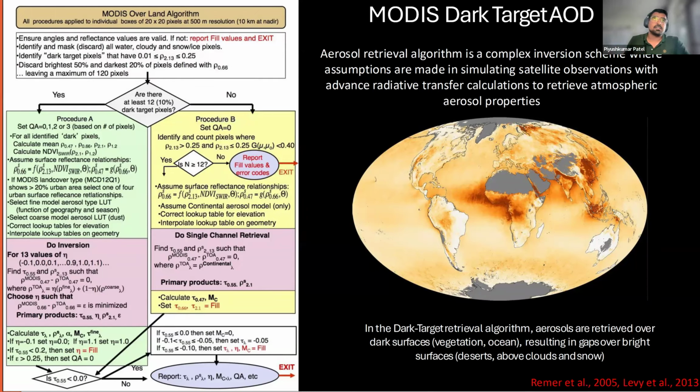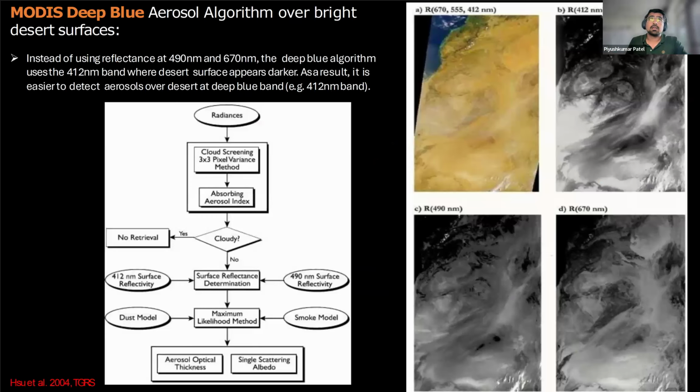Over the bright surfaces, the wavelengths the dark target algorithm chose to retrieve the AOD get confused, and that's why we don't have very accurate or precise information of AOD over bright surfaces. And therefore, a new algorithm came, called the deep blue algorithm.